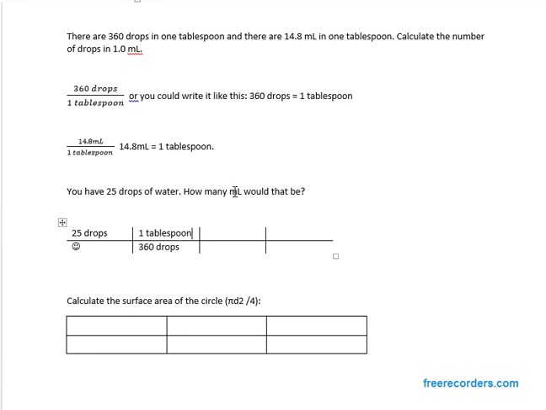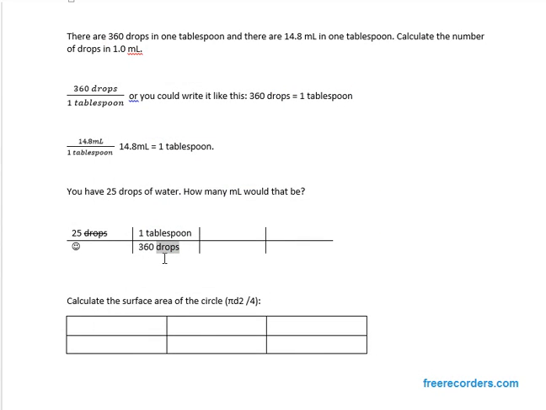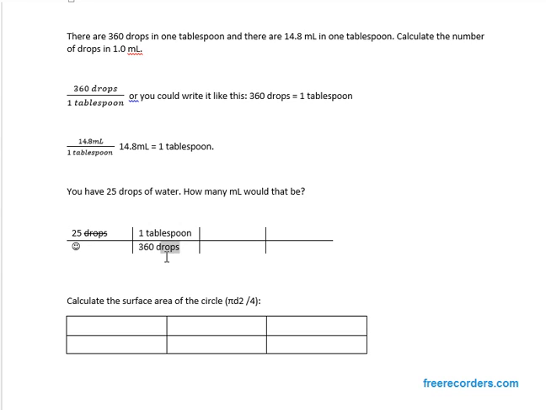Okay, so now my drops actually cancel out, so I strike them through. The 360, however, does not cancel out.